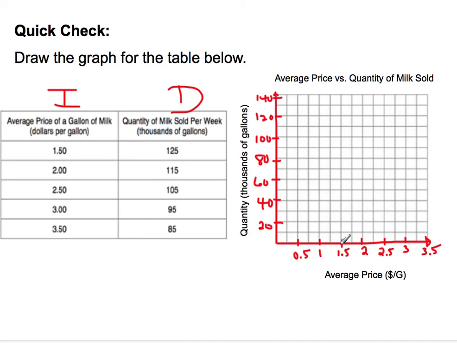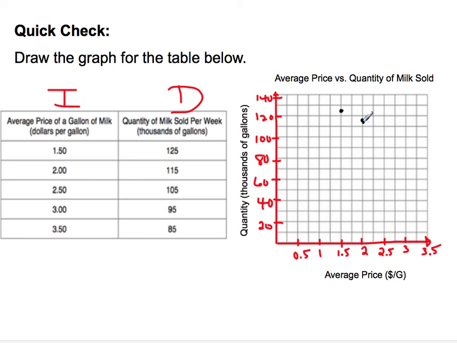So $1.50 gives you sell about right there, 125. $2 is about 115. So this would be 115 right there. Oh, no. Is it a Friday afternoon?